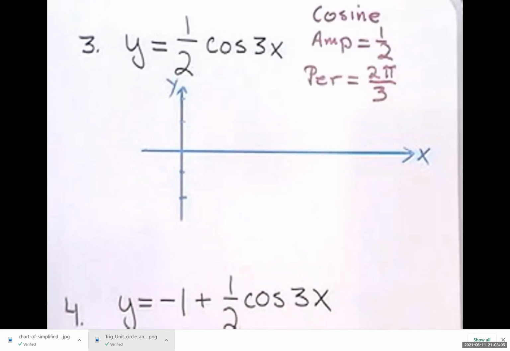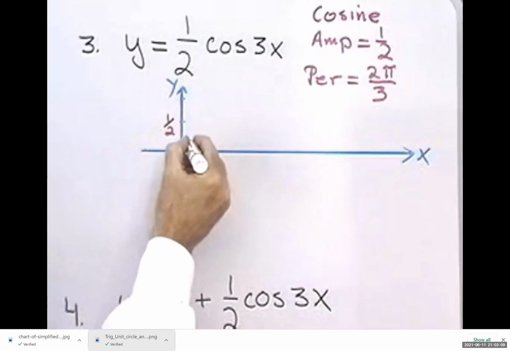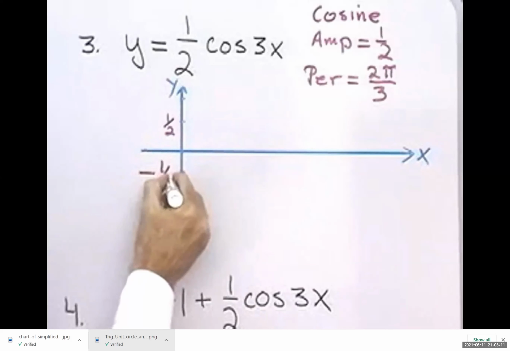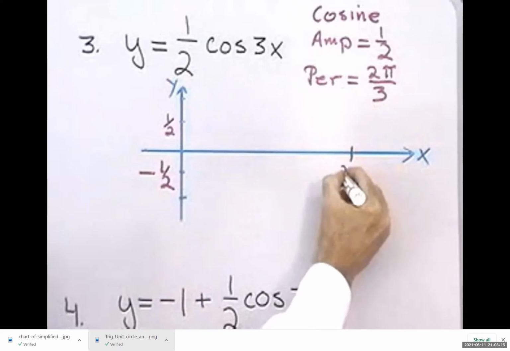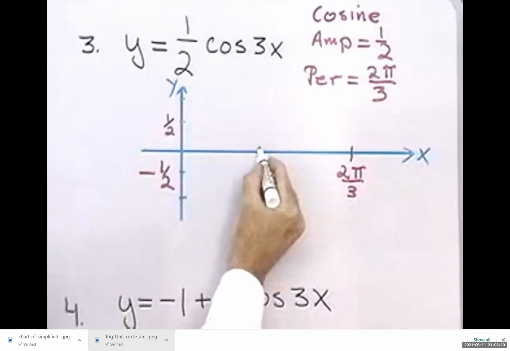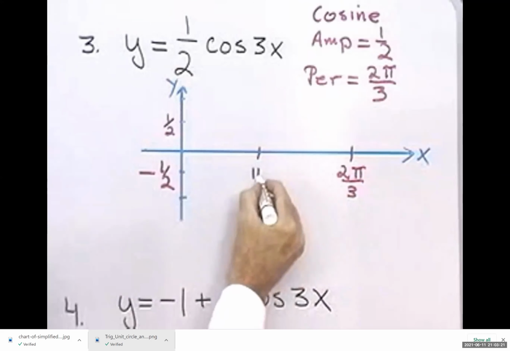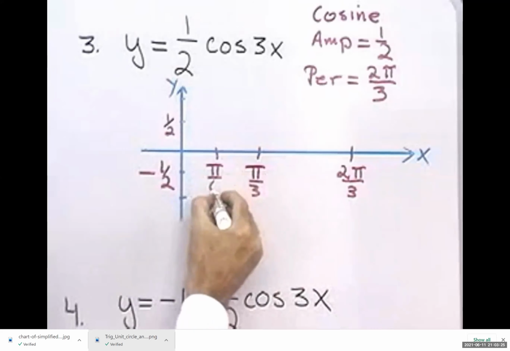I'll call this 1/2 on the y-axis, and this will be negative 1/2. It's going to have a period of 2 pi over 3, so I'll put 2 pi over 3 out here. Half a period is pi over 3, and half of that will be pi over 6.